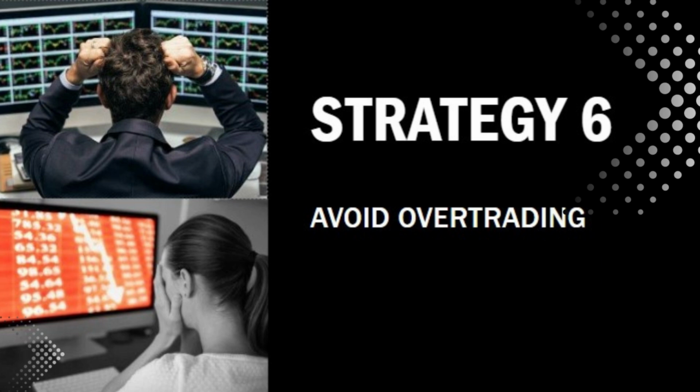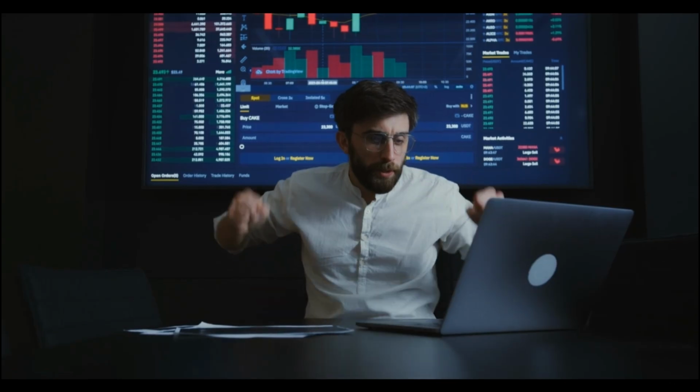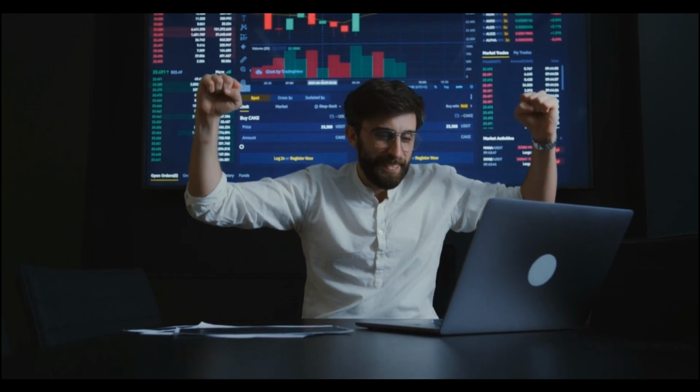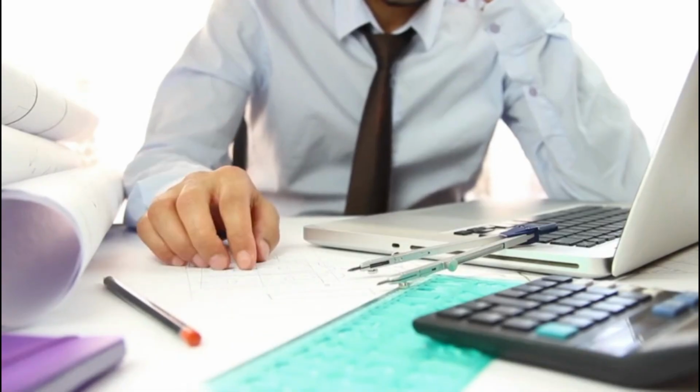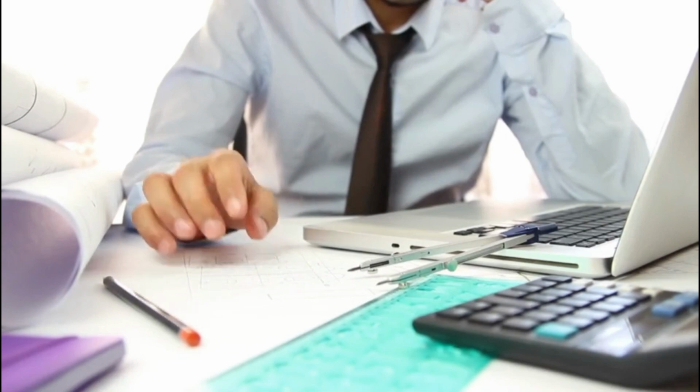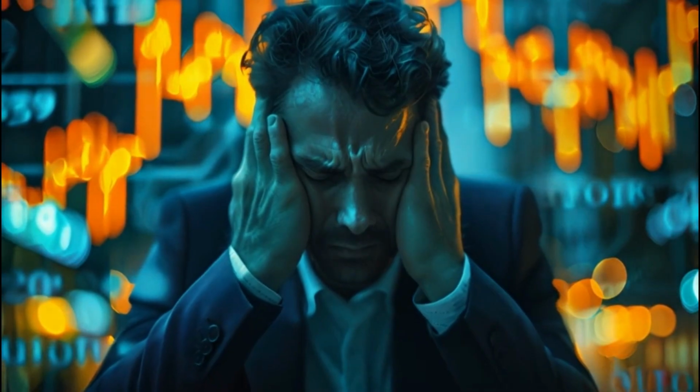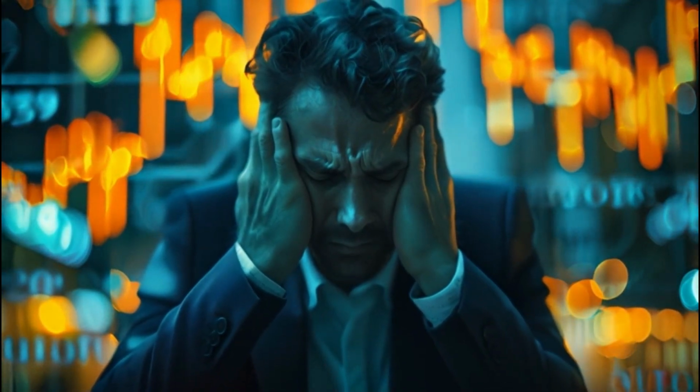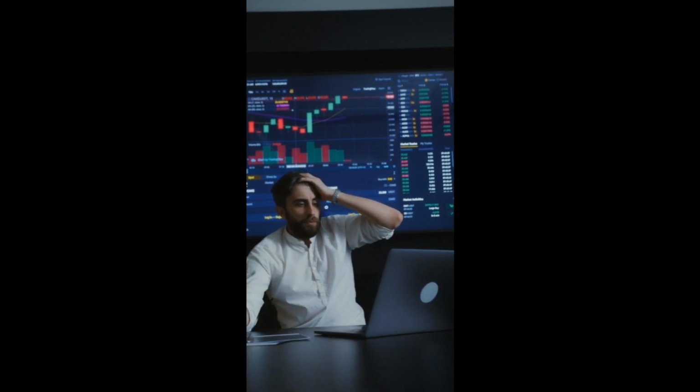Strategy number 6, avoid overtrading. Overtrading is a common trap for day traders, especially in the futures market, where you can make quick trades on small price movements. But taking too many trades often leads to emotional decisions, which can be very dangerous.